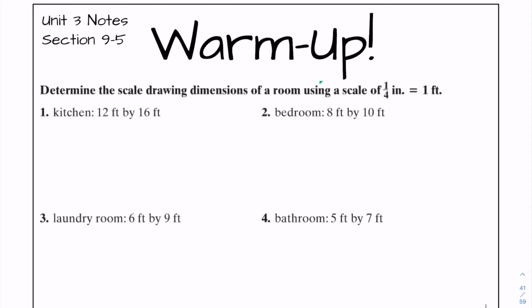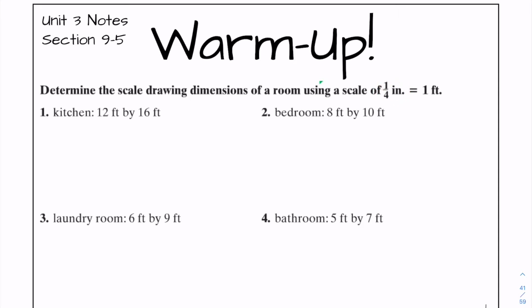Alright, it says determine the scale drawing dimensions of a room using a scale of 1/4 inch equals 1 foot. So for every 1 foot we have a scale drawing, like a blueprint, that results in 1/4 inches.